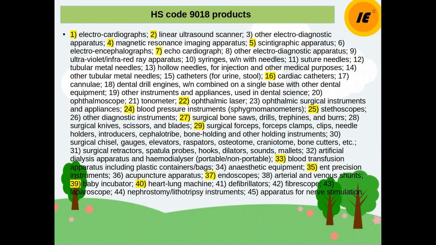ENT means ear, nose, and throat. For example, endoscope, heart lung machine, baby incubator, and various other things, stethoscope, etc.